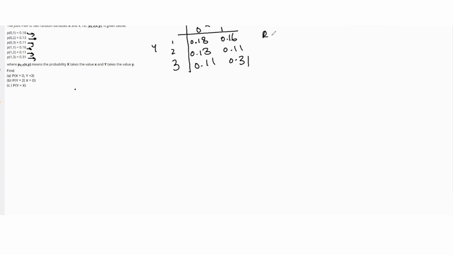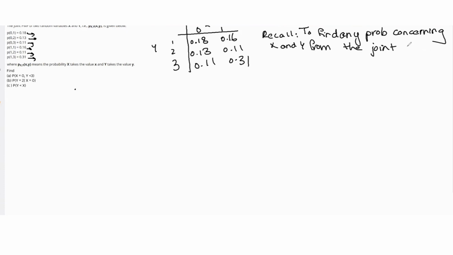Now we need to recall something in order to answer these probability questions. Recall that to find any probability concerning x and y from the joint PMF of x and y, we can sum up the joint PMF over those values of x and y.